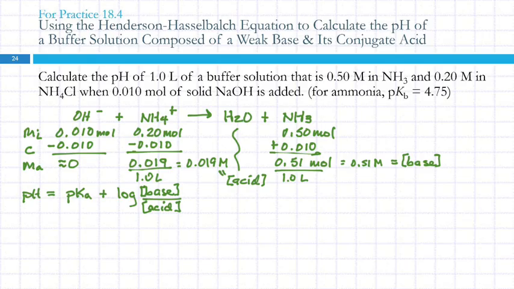So don't try to mess with it. Just leave the equation alone. The pKa here is equal to 14 minus the pKb that was given. 9.25.